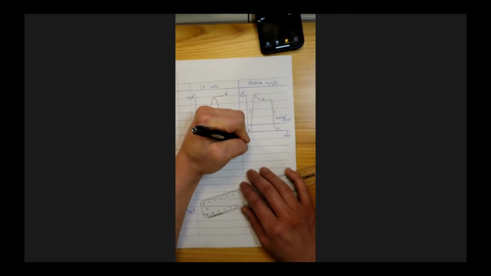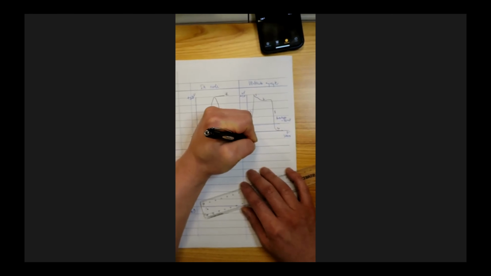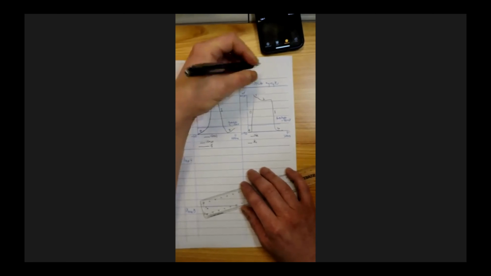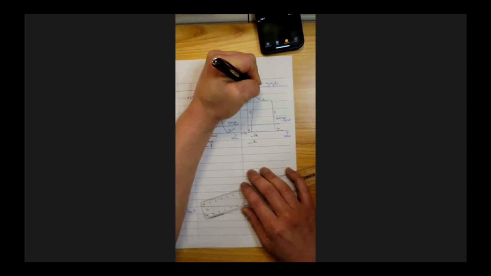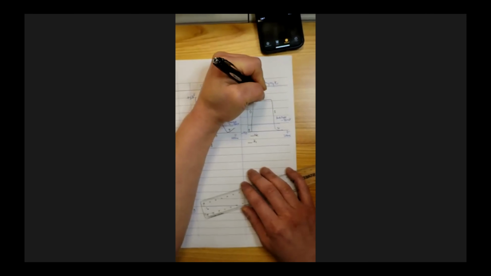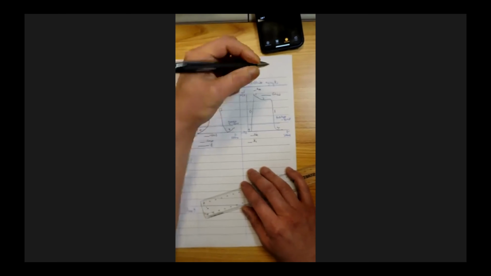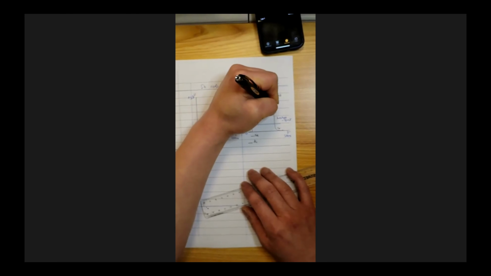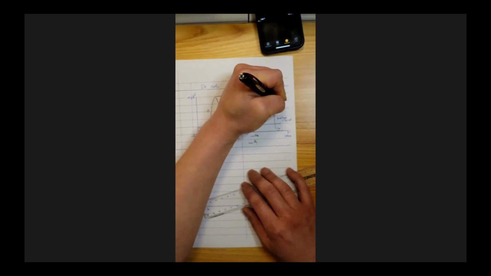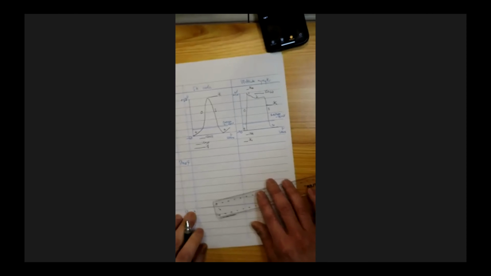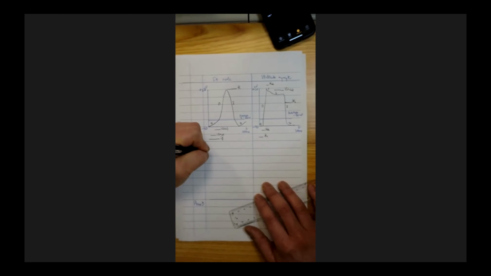And then after that, phase 4 is IK1, and then you get sodium, which is through the fast channels, and after that, you get IKto. And then this phase here is ICa through the L-type channels. And then after that, you get increased conductance through IK.